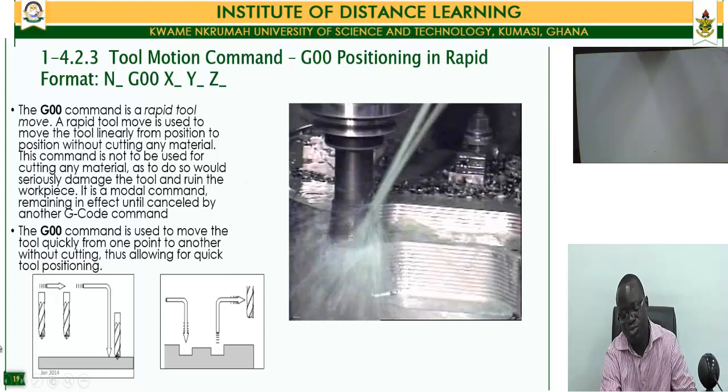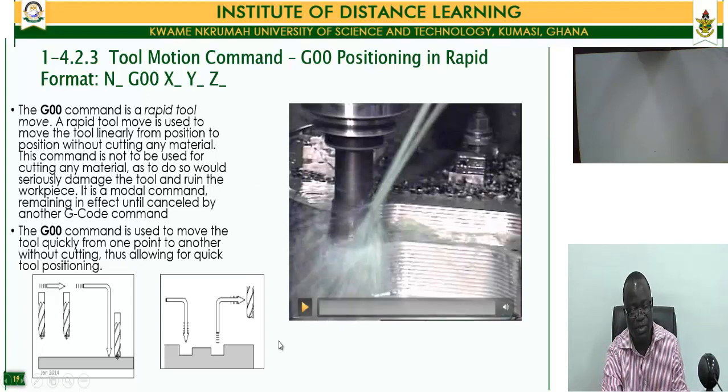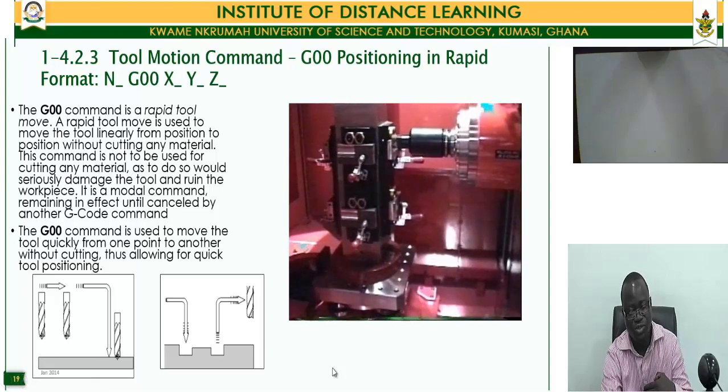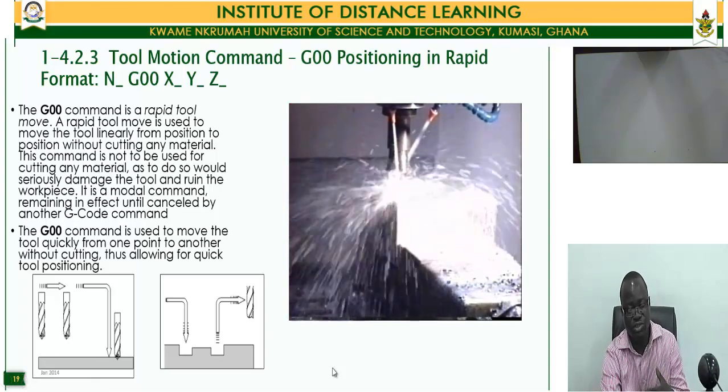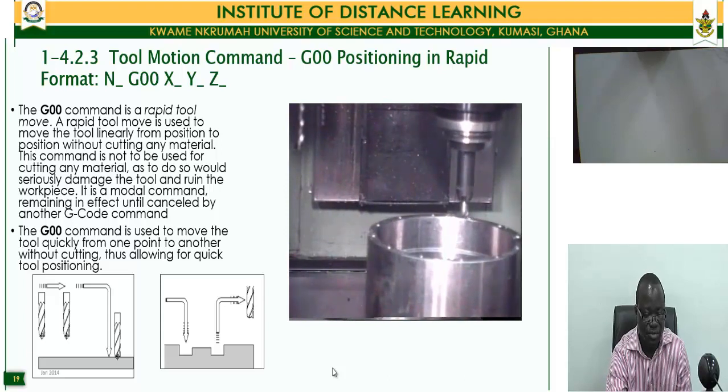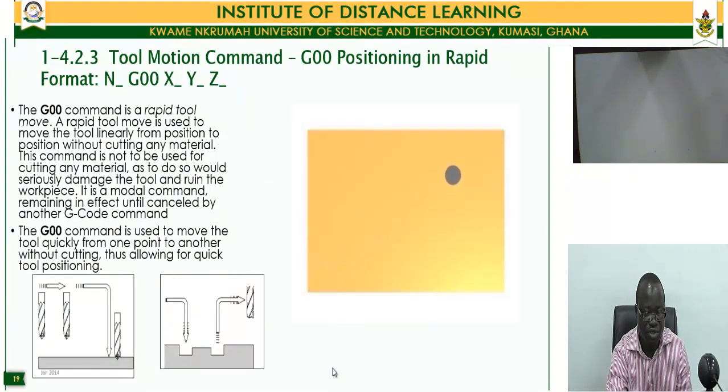The command is applied by simply moving the tool away from the workpiece without cutting any material. You want to position it. Sometimes you want to move the tool out to, let's say, a home position where you want to do a tool change or do anything else that does not involve cutting material.